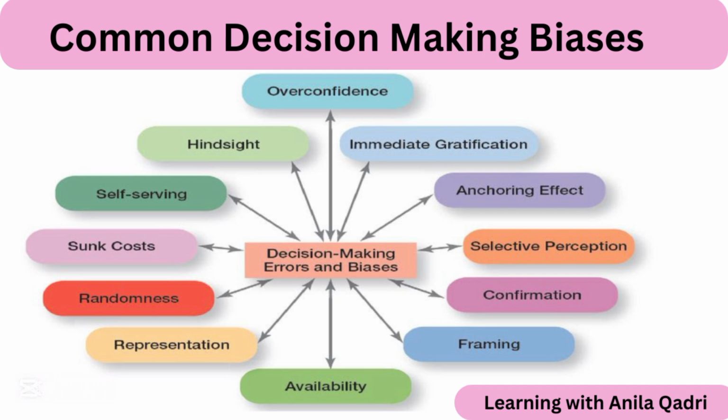Number 2, immediate gratification. Number 3, anchoring effect. Number 4, selective perception. Number 5, confirmation. Number 6, framing. Number 7, availability. Number 8, representation. Number 9, randomness. Number 10, sunk cost. Number 11, self-serving. And 12 is hindsight.